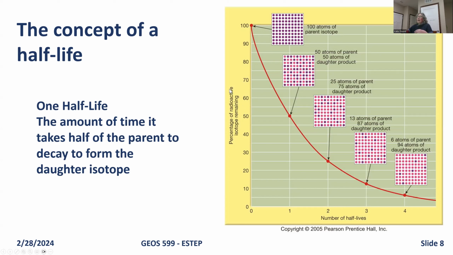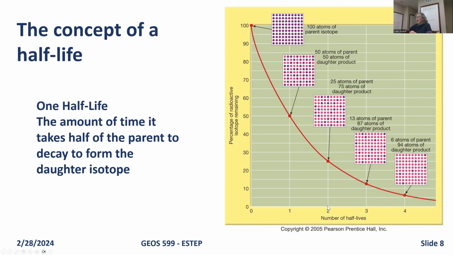So this is looking at the parent. So you start with 100% parent, and this line goes down to, at one half-life, 50% of the parent remains. These little diagrams here are trying to depict it in terms of the number of atoms. So if you start with 100 atoms of the parent, after one half-life, there would be 50 of the parent and 50 of the daughter.